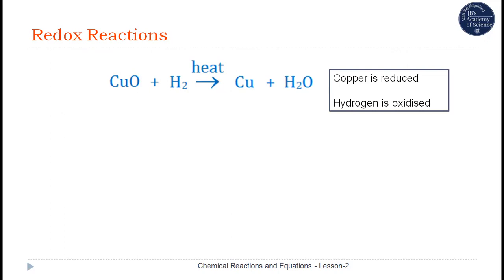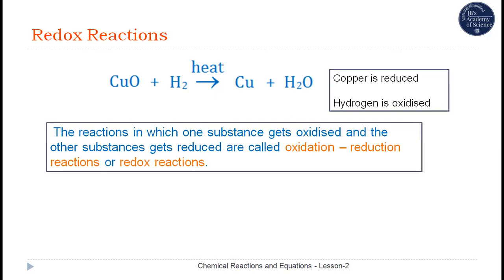So in this particular chemical reaction, oxidation and reduction happen at the same time. When one reactant is oxidized, another reactant is reduced.